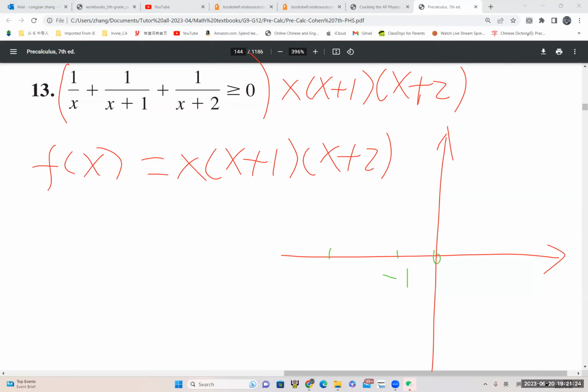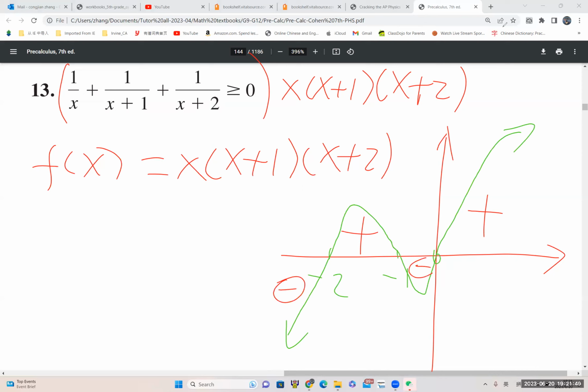Then if we sketch f of x, suppose this part is positive, then here negative. So you can say this is positive, here is positive, here is negative, here is negative, right?